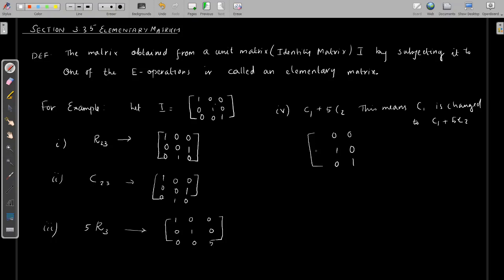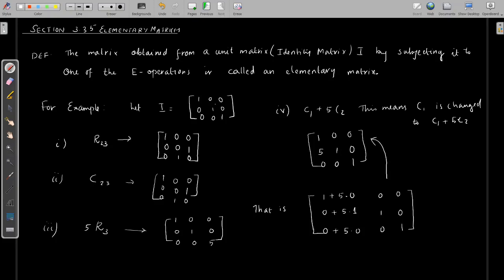We write the second and third column as they are, and we replace the first column as 1 5 0. So you get this matrix 1 0 0, 5 1 0, 0 0 1. That is, we change the first column by 1 plus 5 times 0, 0 plus 5 times 1, 0 plus 5 times 0. So this is the addition of 5 times the second row to the first row.